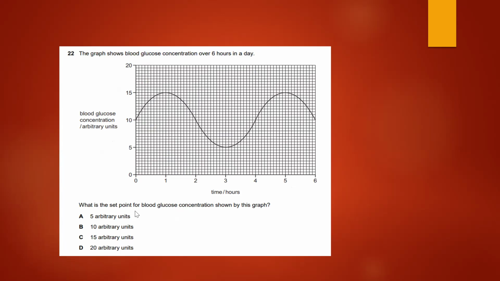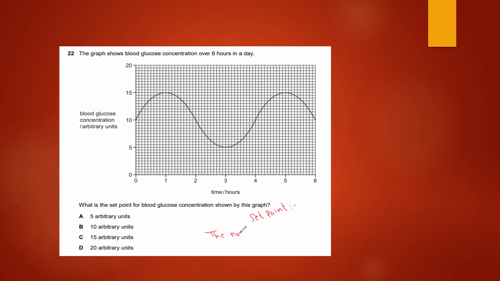This is the most important point, where students most of the time make a mistake. So what is the set point? You must understand the set point. I'm writing the set point definition here. The examiner asks for the set point definition, so you may write this answer easily.